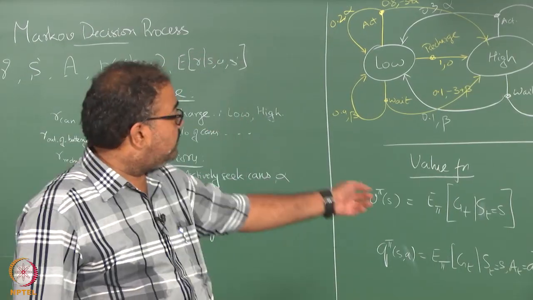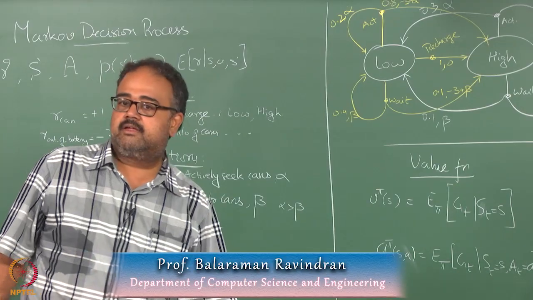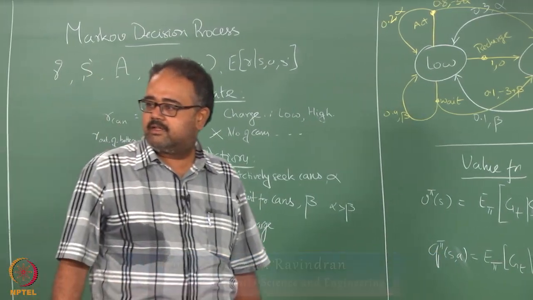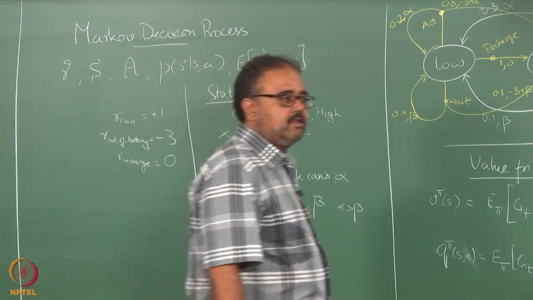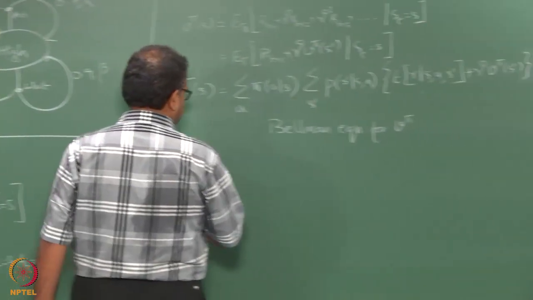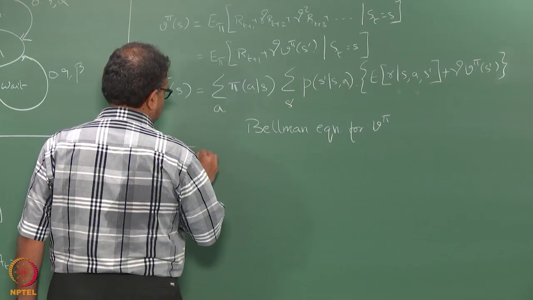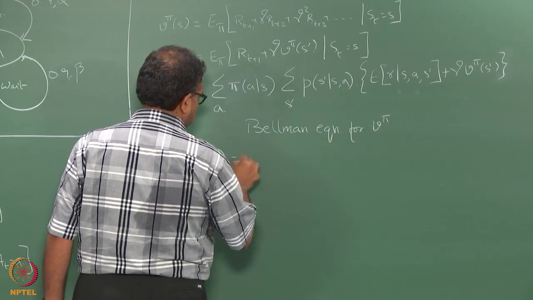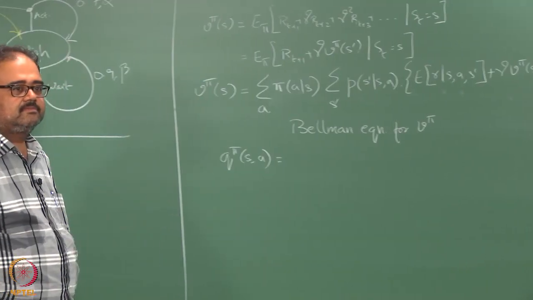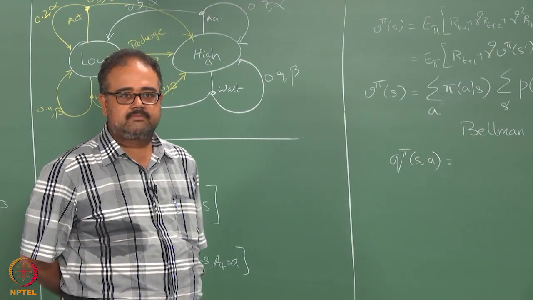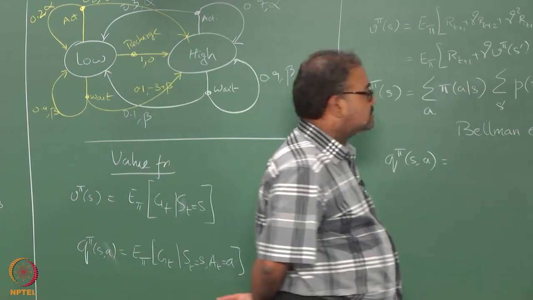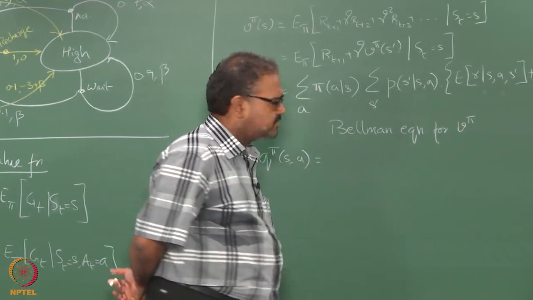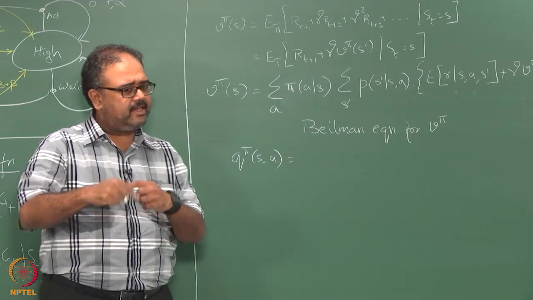Okay. Likewise, you can write a Bellman equation for Q pi. So anyone wants to tell me what the Bellman equation for Q pi would be? Think of it in a generative process, right?